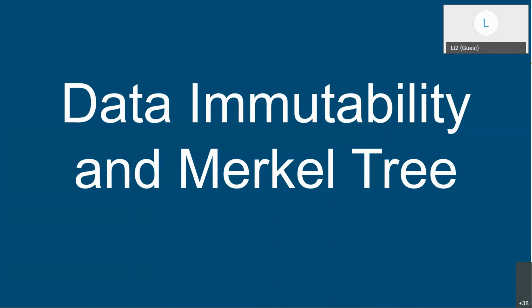Fine. Let's start with the concept of data immutability in blockchain. Blockchains are termed as secured, transparent, and decentralized. I think by now we have an understanding of what decentralization is. It's nothing but storing the data copy of the network across multiple computers or multiple nodes in a network.